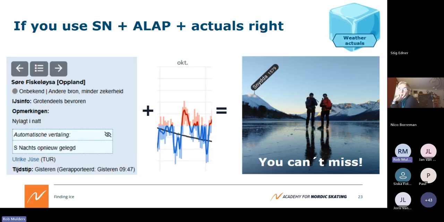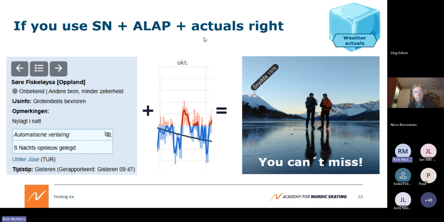Because what many of us do, and that's one very good thing, you take a reference point from Skridskonet. This is a real ESOPs from yesterday on Skridskonet, from Ulrike in Norway, a lake that has gotten new ice, and then you follow the actual weather, and then you can predict if it's skateable in the coming days.